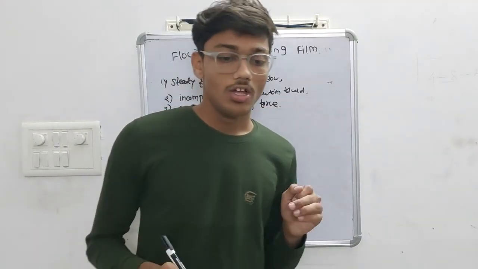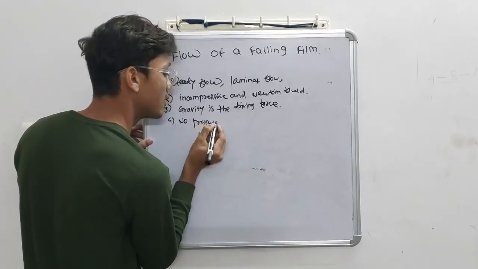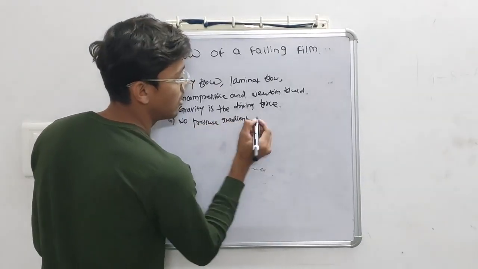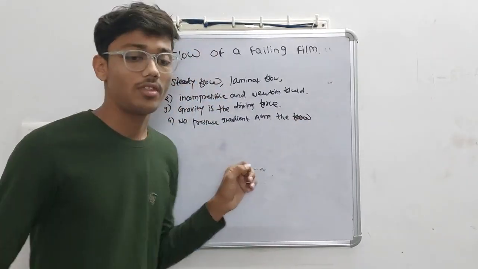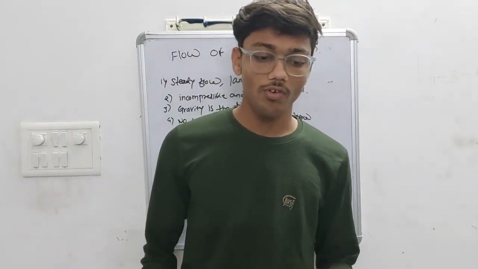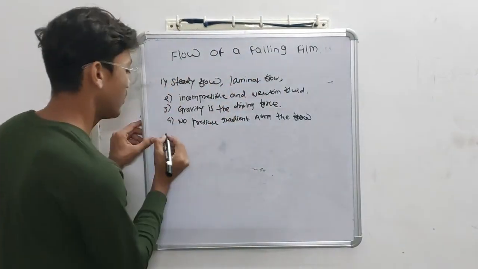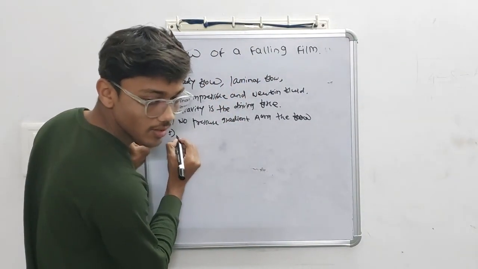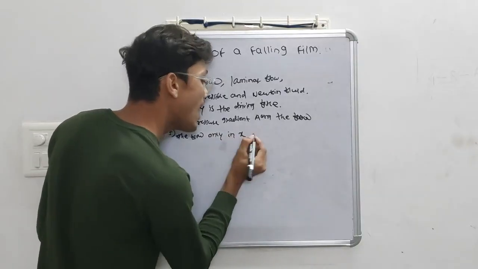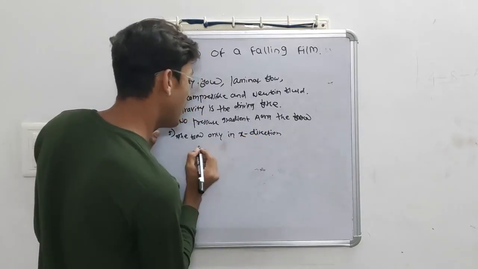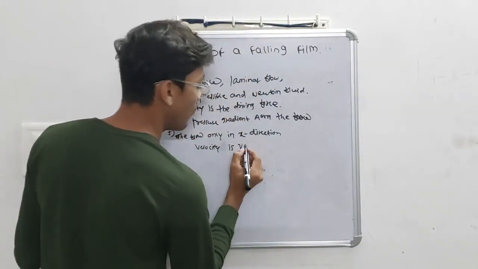The fourth assumption is no pressure gradient along the flow. Then the flow is only in the x direction, so our velocity is v of y.